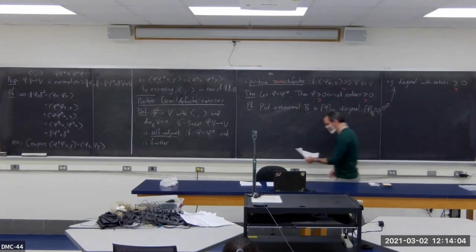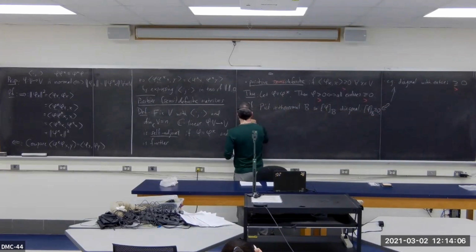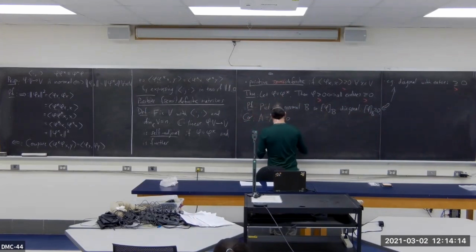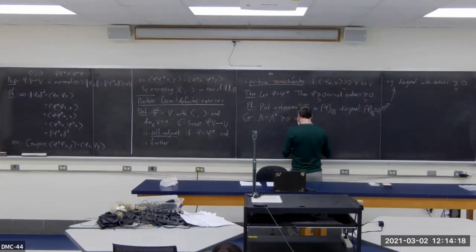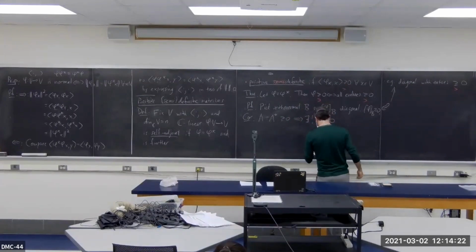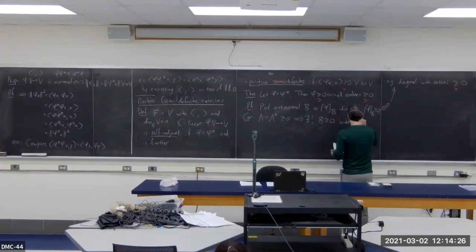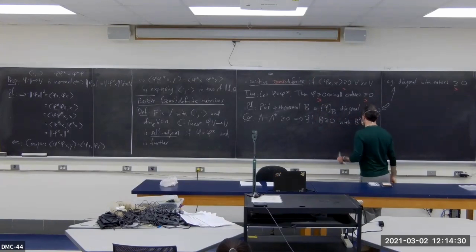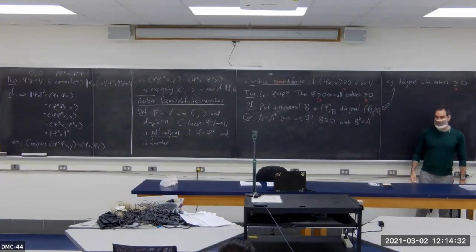Okay, so corollary. You have a matrix A, which is equal to its adjoint, and it's positive semi-definite. That means that there exists a unique matrix B, also positive semi-definite, with B squared equal to A. That says that this matrix has a square root.